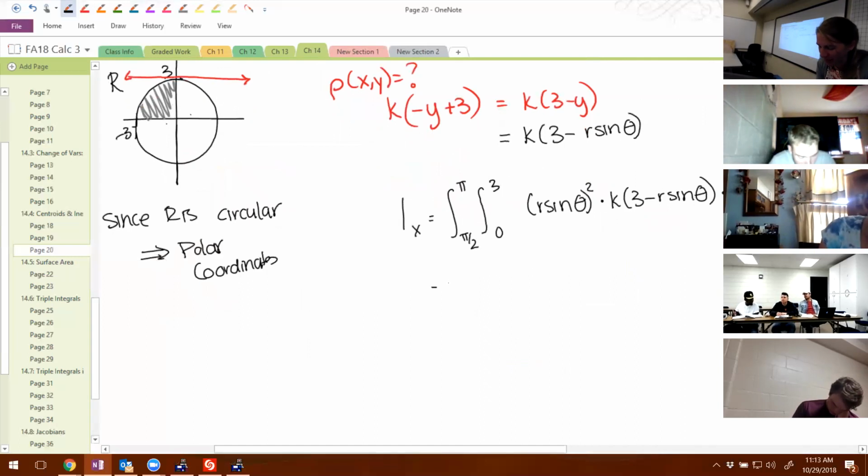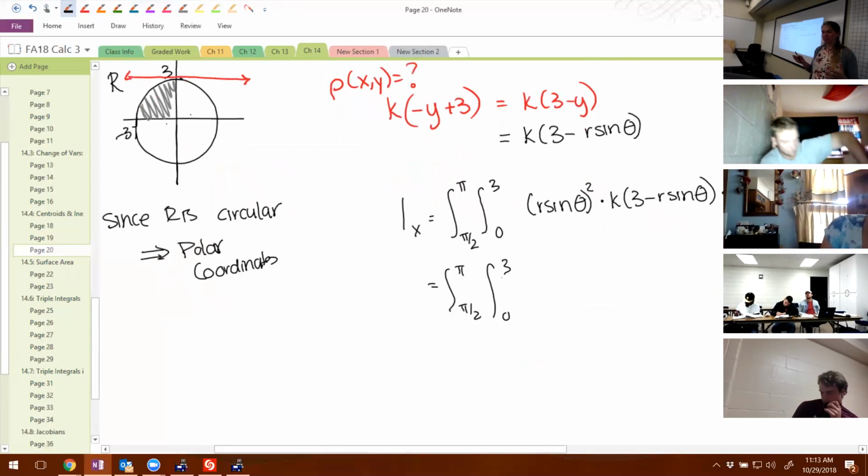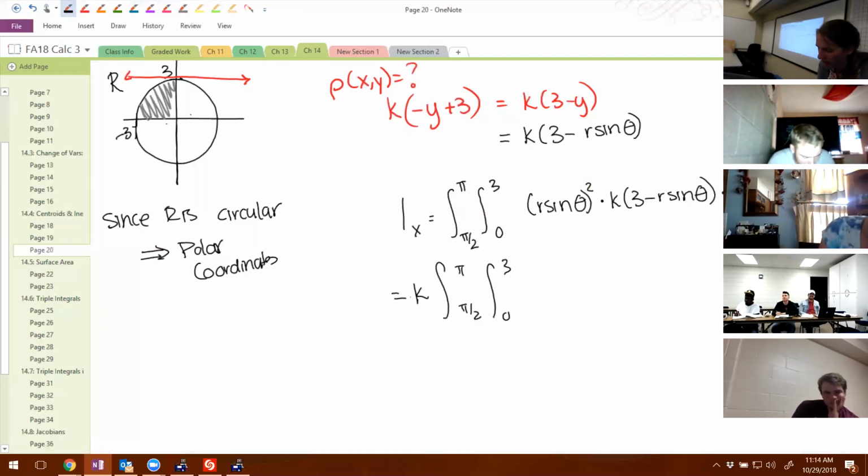We can simplify this a little bit. So pi over 2 to pi stays there for a bit. I'm going to leave the 0 to 3 there for a minute too. What would we do to this integrand? If we're going to do this whole thing by hand, what would you do to that integrand? Plot the k, for sure. Let's go ahead and do that. Distribute. Yeah, and so make sure you're squaring both the terms in the first guy and then distributing that r to, well, a whole bunch of distributing happening here.